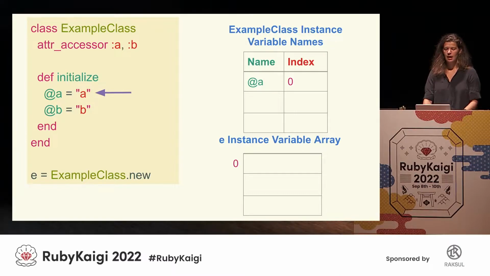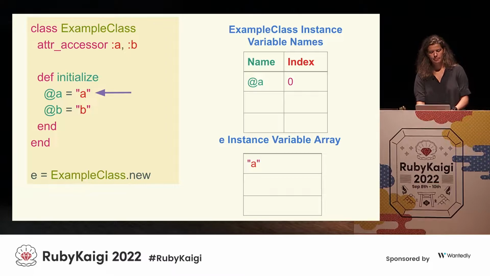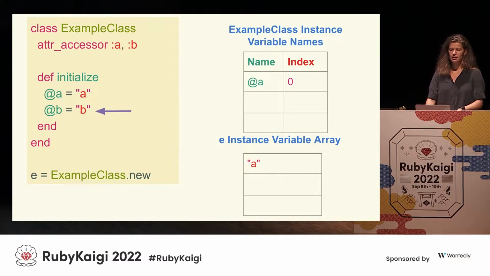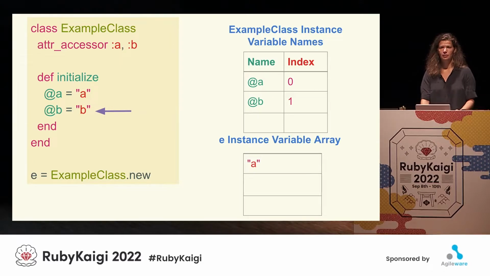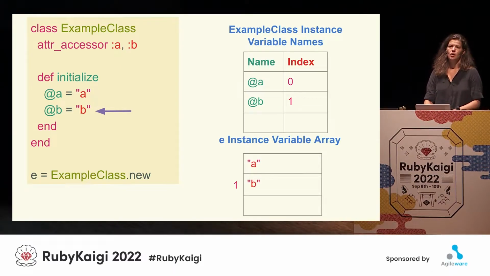And then at index 0 in the instance variable array, we'll set our value, the string A. And we'll do the same for B. We'll look for the ivar B in our instance variable names map. It's not there, we'll put it in at the next available index. And then at that index in our array, we'll put in the string value B, the value of the instance variable for E specifically.